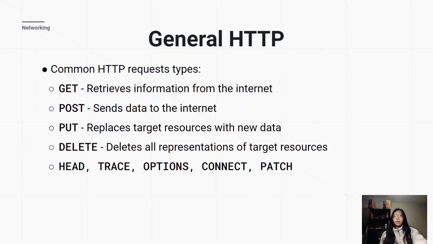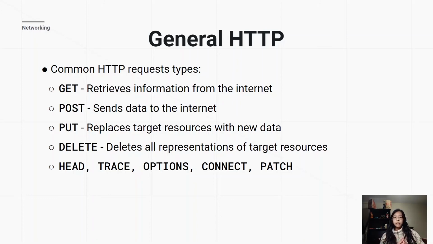Normally with networking, we are actually sending HTTP requests. There are some common request types that you should know, but the two main ones that you should absolutely know are GET and POST. A GET request is where you're retrieving data from the internet. Let's say you want some information about eateries, or you want to retrieve data from Wikipedia. This is where you'll be making a GET request. And a POST request is where we send data back to the internet.